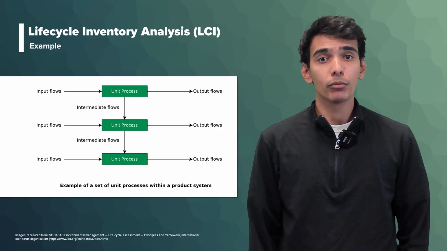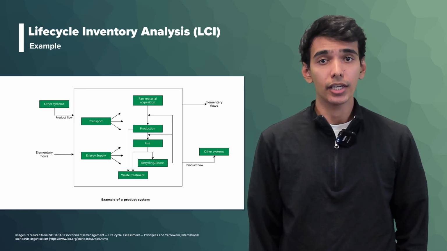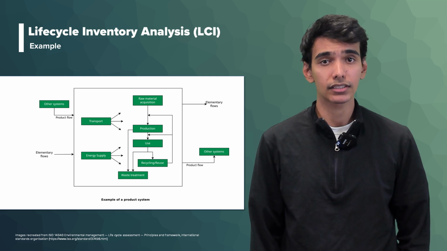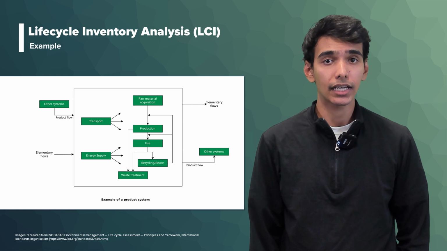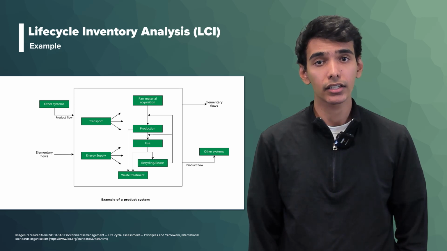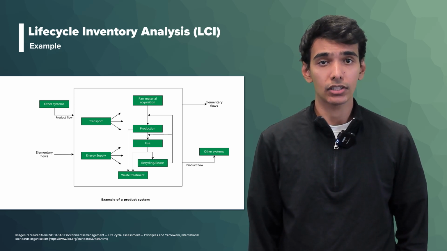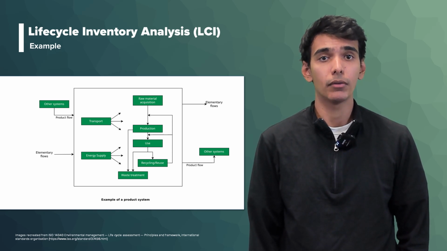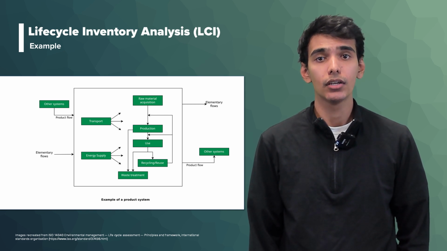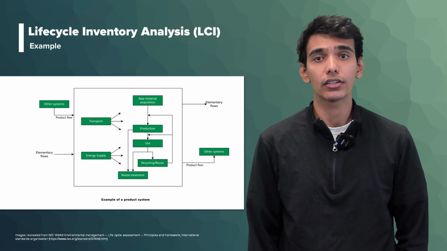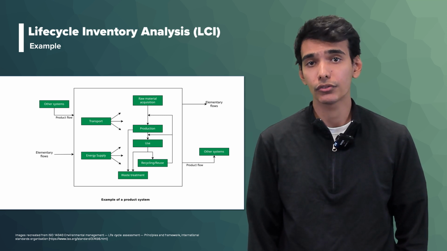Looking at a broader picture, you can have your entire product system with various different unit processes that combine into transport, raw material acquisition, energy supply, waste treatment, recycling, and also external factors such as product flow from other systems, elementary flows, and also what happens when your product is done. So where does your elementary flow go outside of your system and also to other systems?